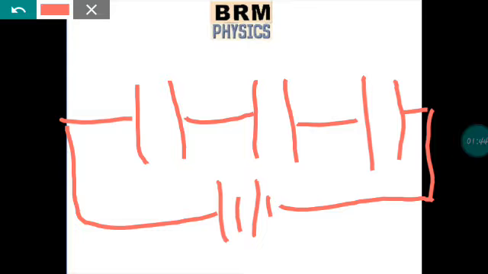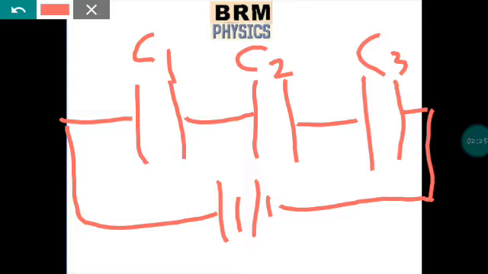We have a kind of connection as shown in the figure on the screen. Three capacitors are there. Suppose the first one has capacitance C1, the second has C2 and the third one has capacitance C3. You can see that one plate of a capacitor is connected with the other plate of another capacitor in sequence. The last plates of C1 and C3 are connected to the terminals of the battery. This kind of connection is called series connection.